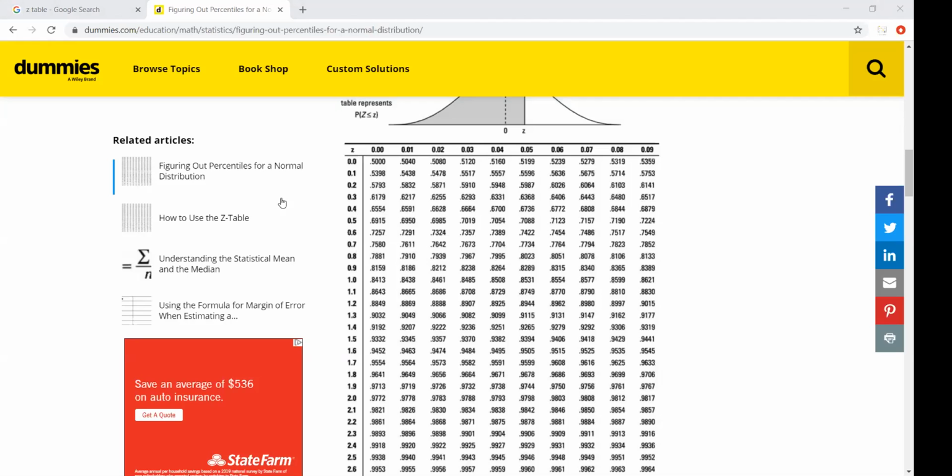We wanted 0.62. So I need to look at this row where there's a 0.6, and then look at this column where it's 0.2. I come down this column and across this row until they meet, and where they meet is this value, 0.7324.